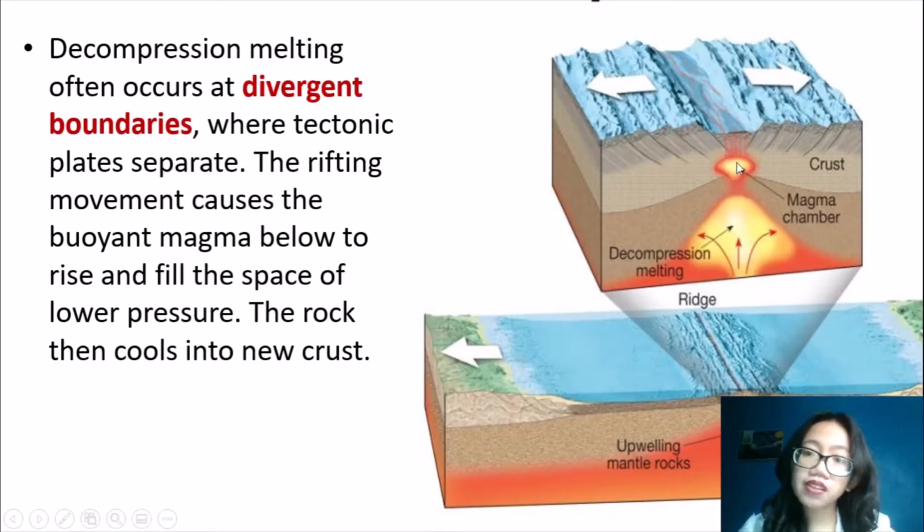So magma is moving upwards towards the divergent boundaries, creating new plates, and pushing the other, older plates. The rifting movement causes the buoyant magma below to rise and fill the space of lower pressure. The rock then cools into a new crust. So decompression melting occurs at divergent boundaries and results in new crust.